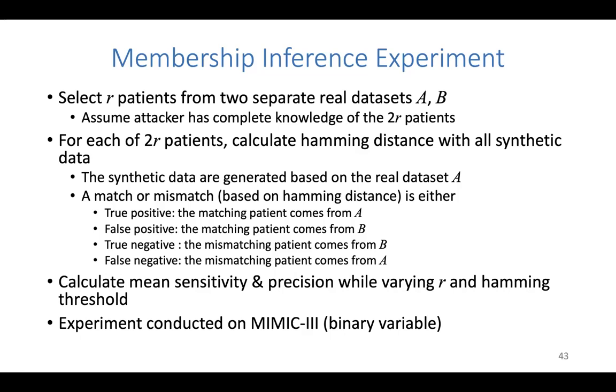So it's the actual number of positive samples divided by the predicted number of positive samples.